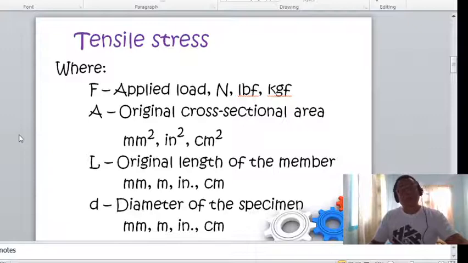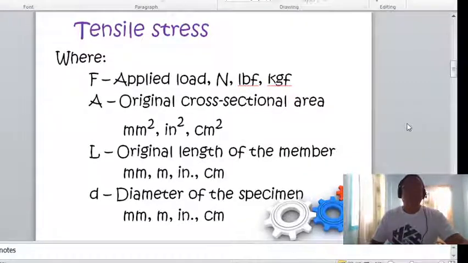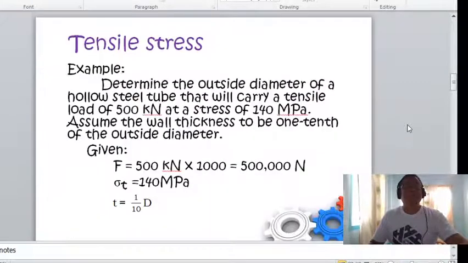The original length is in millimeter, meter, inches, or centimeter, same as with the diameter of the specimen. So we have here an example.